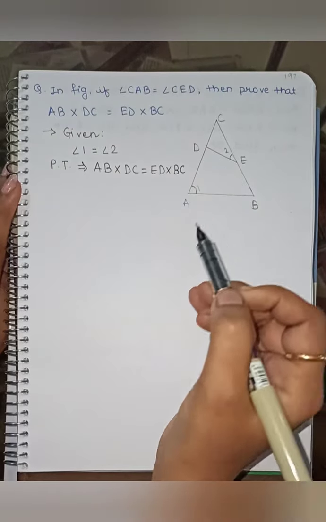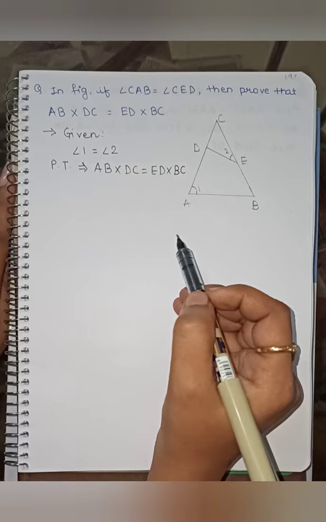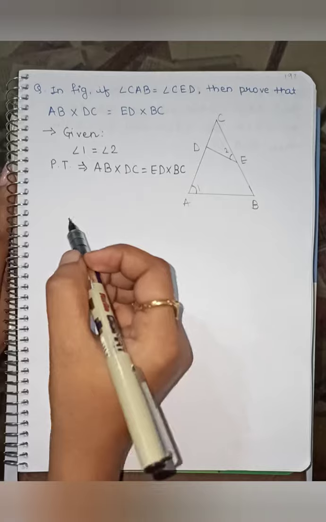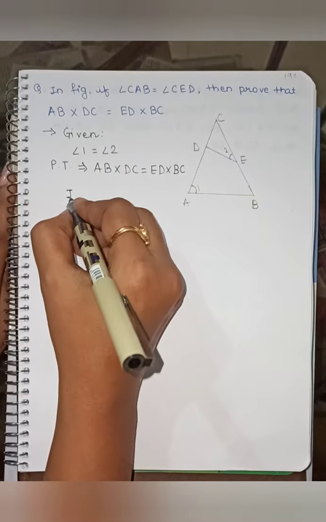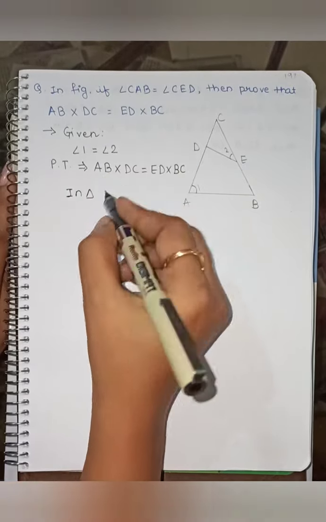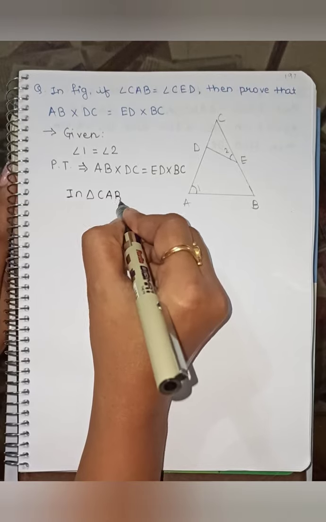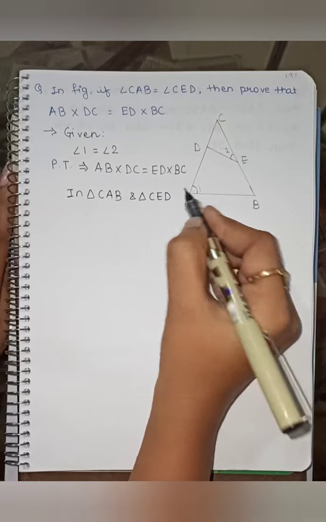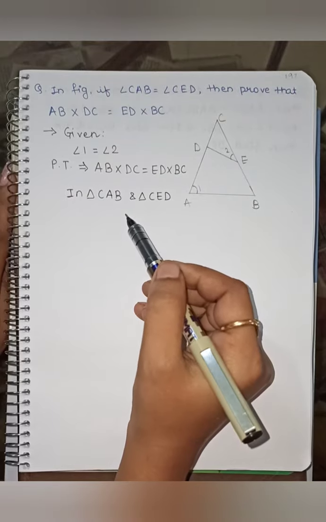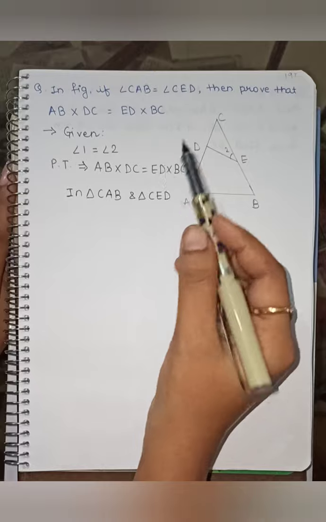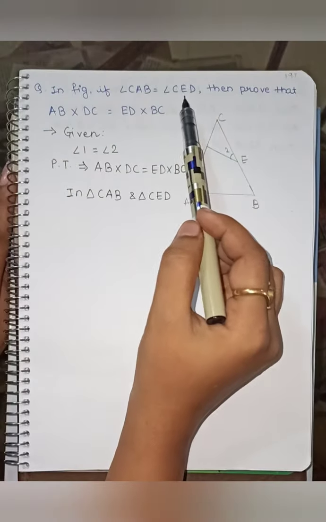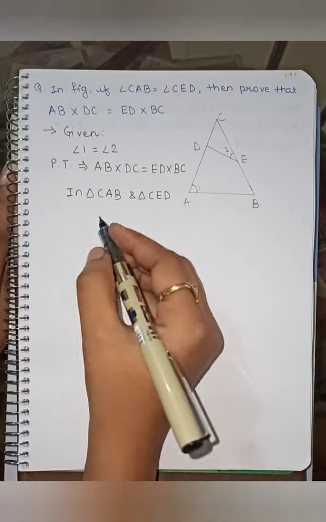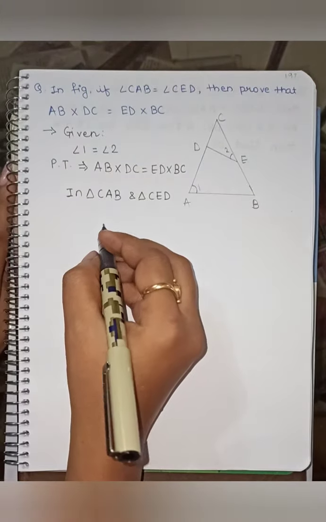One angle is equal, that I already know. Which is the other angle which is equal? As you can see, angle C is the common angle present in both the triangles. So what would be the order in triangle CAB and triangle CED? This is actually a big hint for you as to what should be the order of the triangles. If in the question itself they have given one angle as equal, just take the triangles in the same order so that you will get the equation properly.